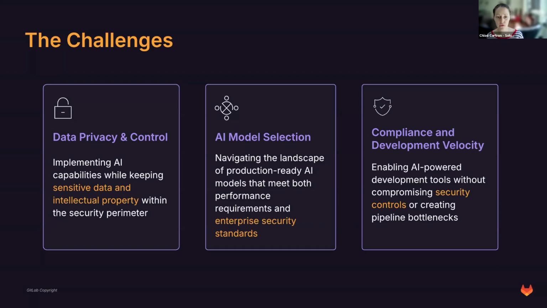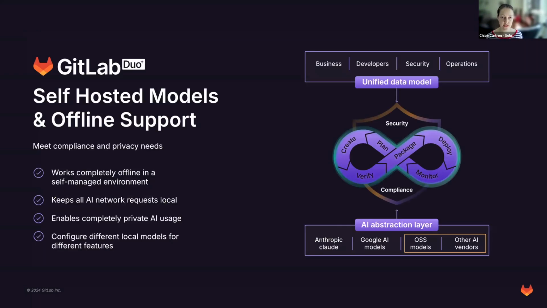So how do we choose the right model for the right use case? We need to have flexibility and be able to use combinations of different models. And lastly, we need to make sure that the models we choose comply with certain rules and respect requirements in terms of compliance. And all of these challenges, we are addressing them at GitLab with GitLab Duo self-hosted.